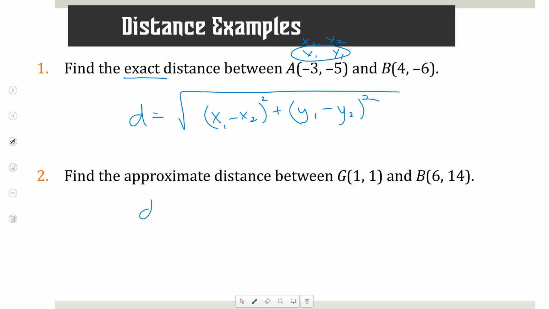D is equal to the square root of 1 minus 6 quantity squared plus 1 minus 14 quantity squared.